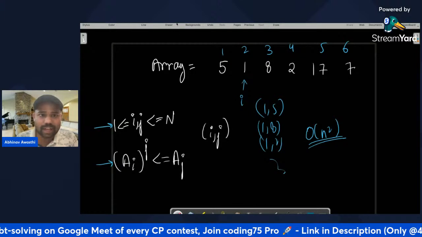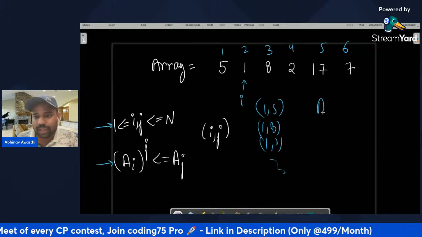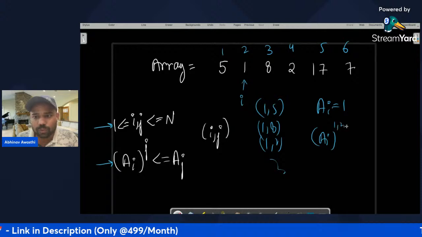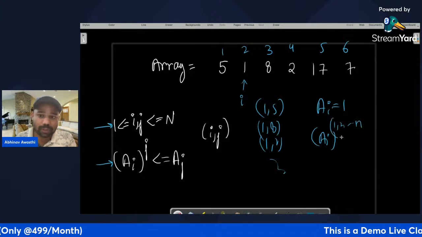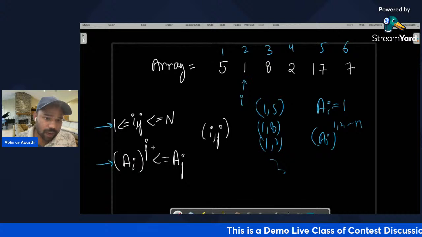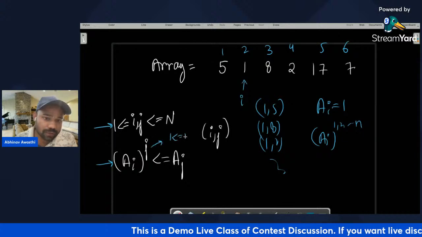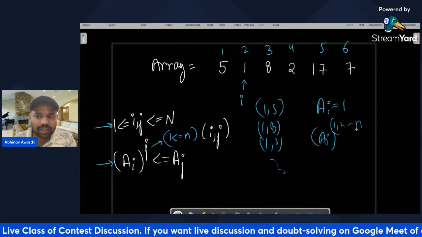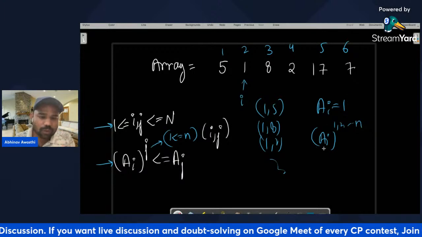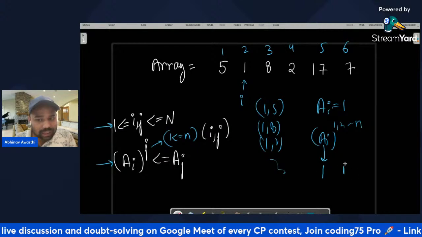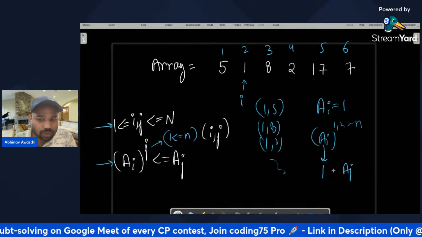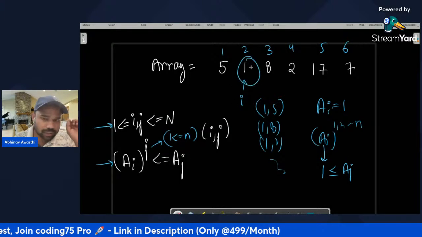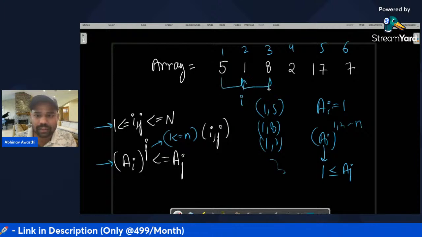Because if a_i is 1, then any power of a_i, 1, 2, 3 up to n, because powers can also be between 1 and n only, remember this, the value of j is always from 1 to n. And whatever the power of 1, a_i will always remain 1. So whatever the value of a_j, 1 will always be less than or equal to a_j. So if a number is 1, it can be mapped with any other number.